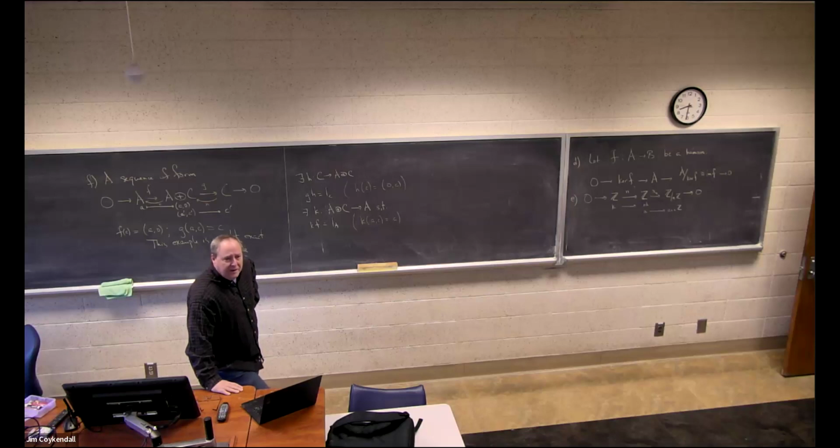Yes? Does that mean that the dual of an exact sequence is exact if and only if it's split? What do you mean by the dual of the exact sequence? When the arrow is inverted.